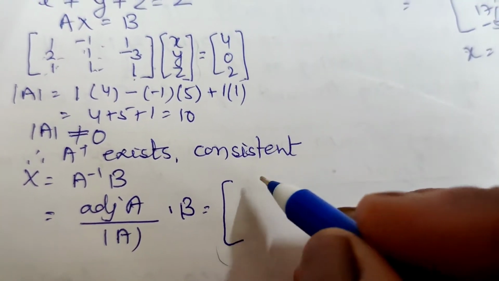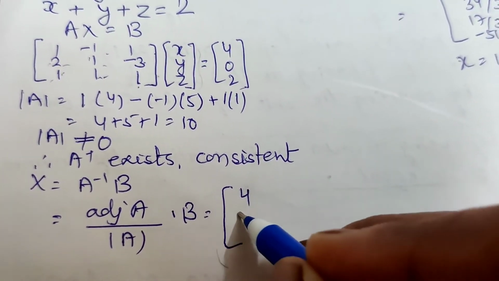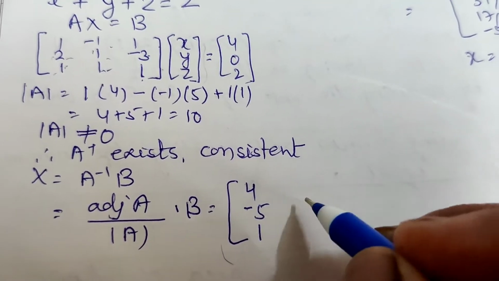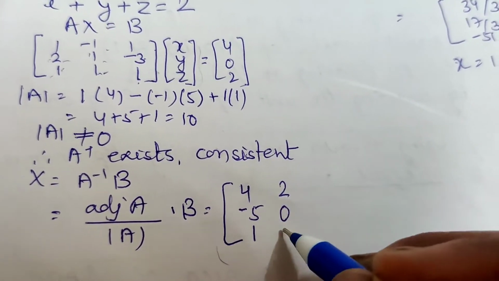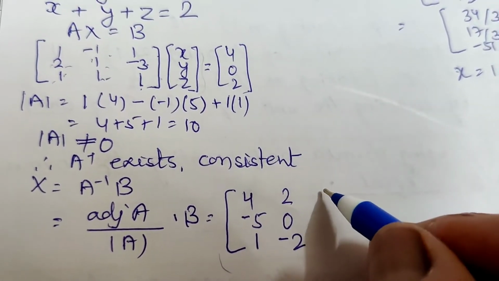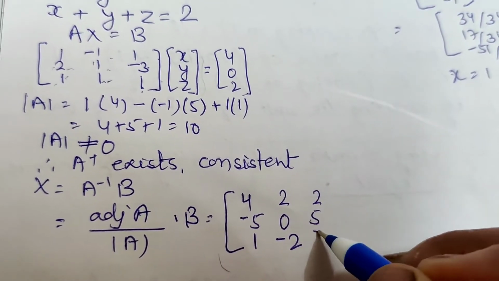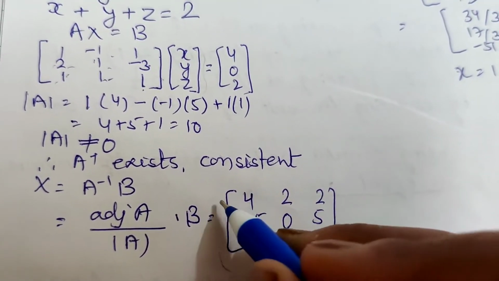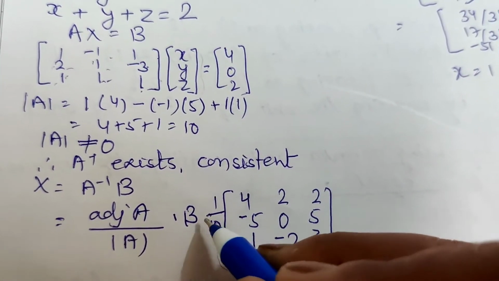I have written it already. I know it is [4, -5, 1; 2, 0, -2; 2, 5, 3]. You can find it on your own.